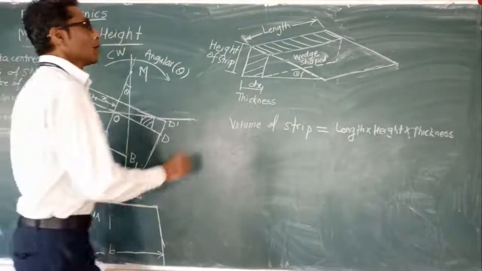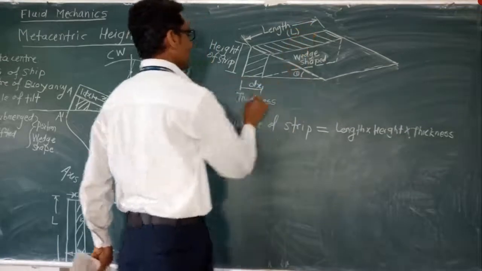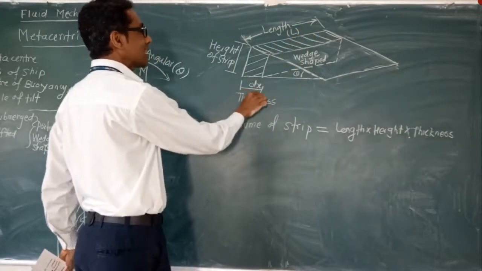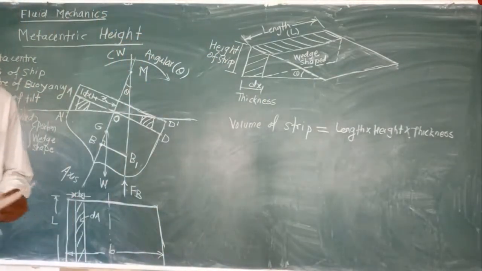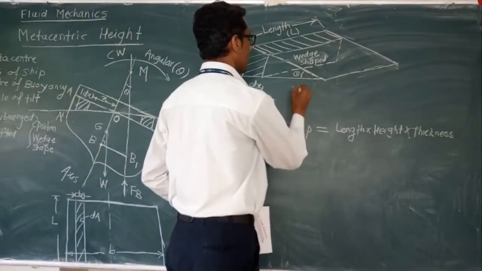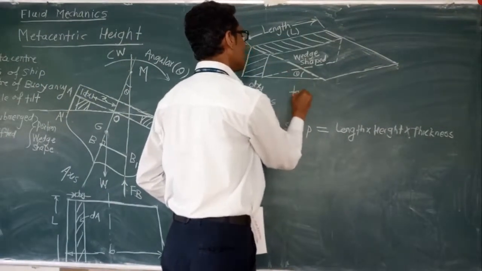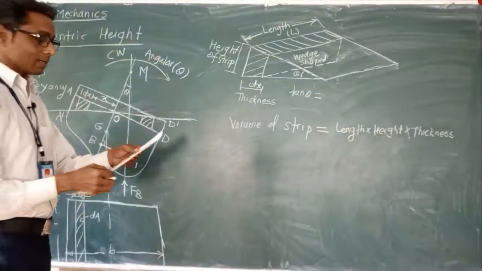Here the length we take as capital L, the thickness as dx, and the height of the strip we have to determine. For the height of the strip, from the diagram we take tan theta.